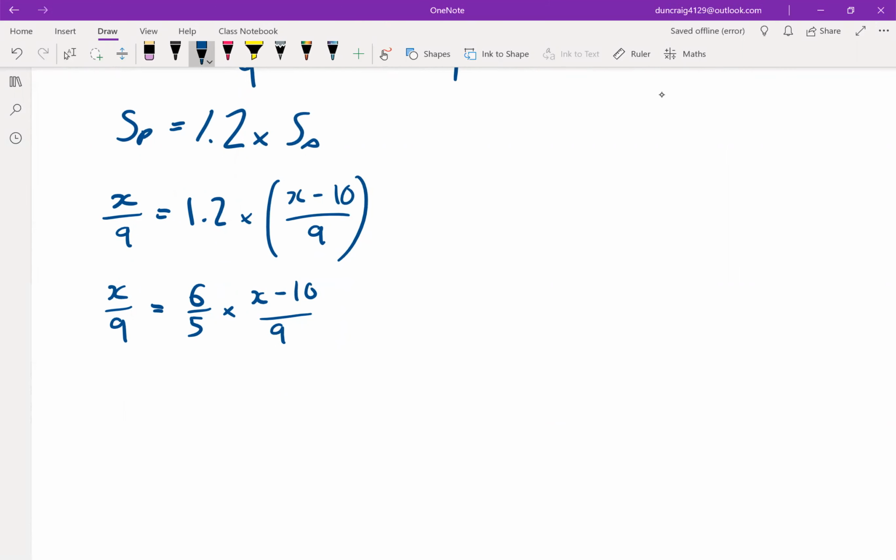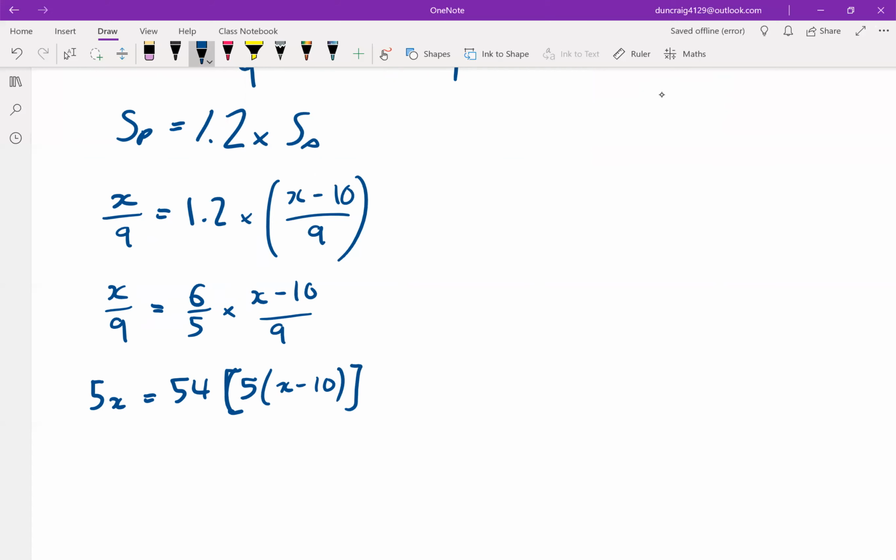45 over 9 is 5, so 5x. And then on the other side, 45 over 5 is 9, so 9 lots of x take 10.